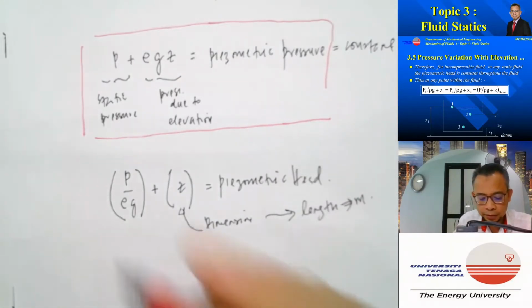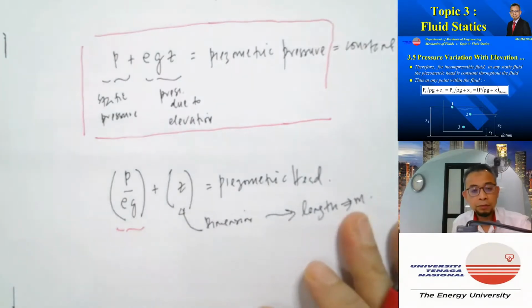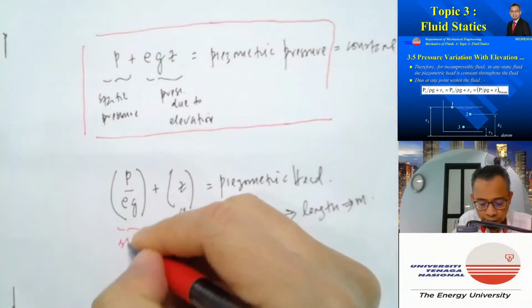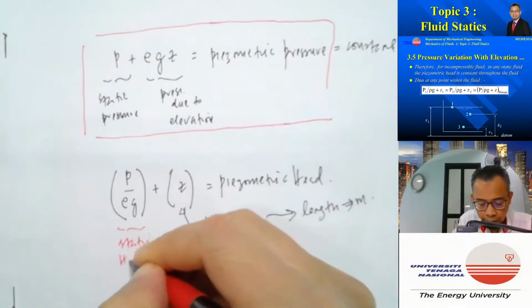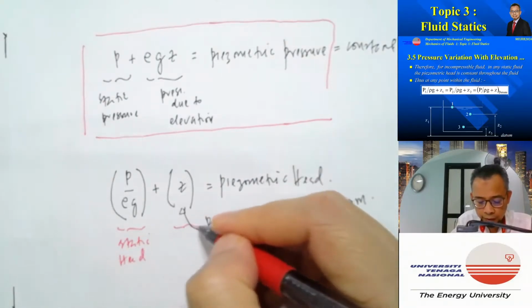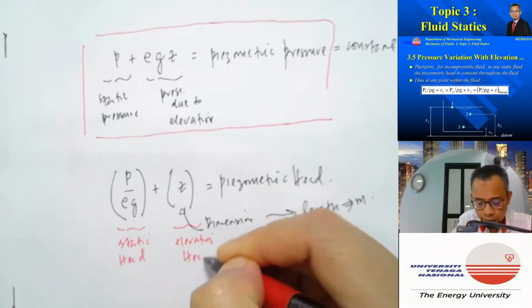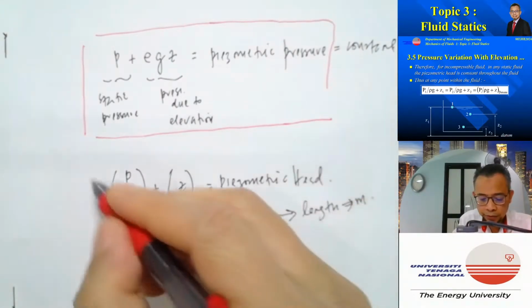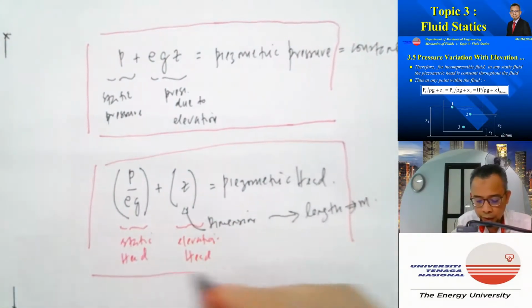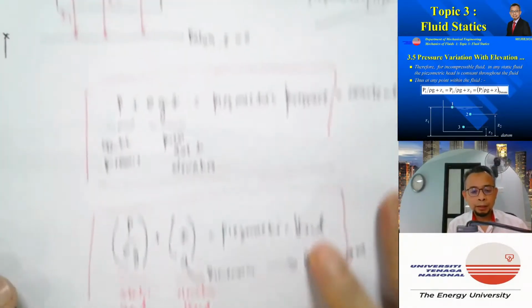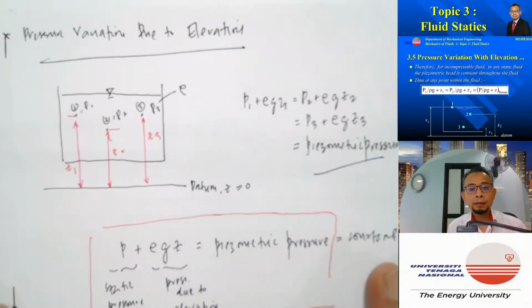So P over rho g is called static head, Z is called elevation head, and this is called piezometric head.